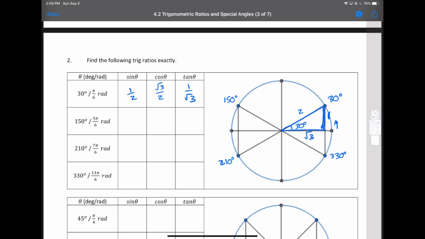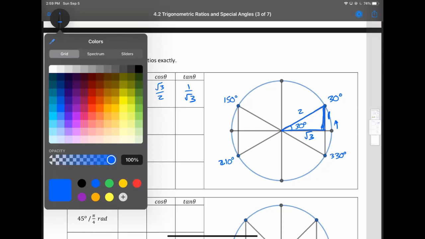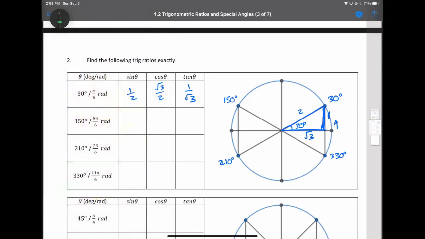So now when we look at the others, let me just change color for a second. Hey, there we are. Now when I look at this triangle, the 150-degree equivalent, and I realize the angle in here is still 30, but we can still use that triangle for the 150.